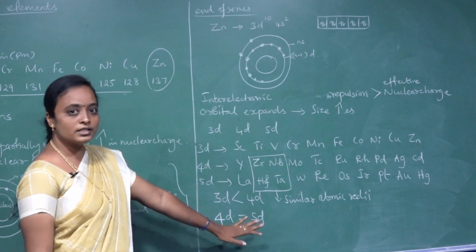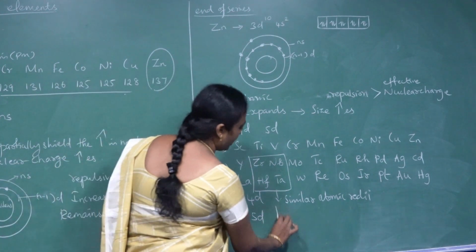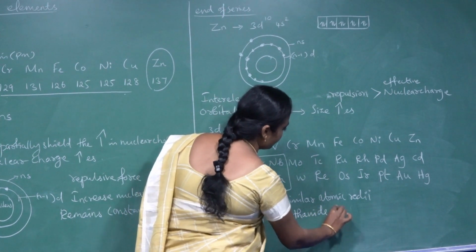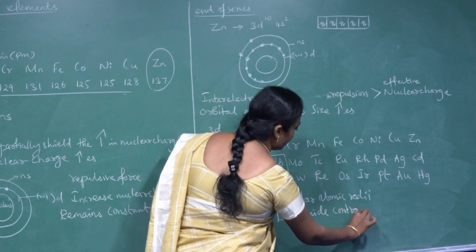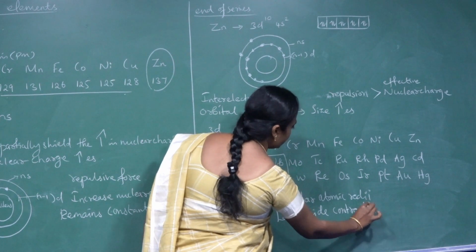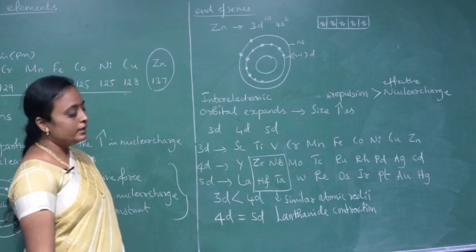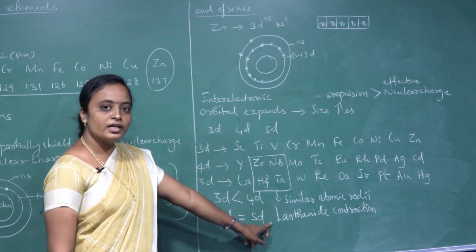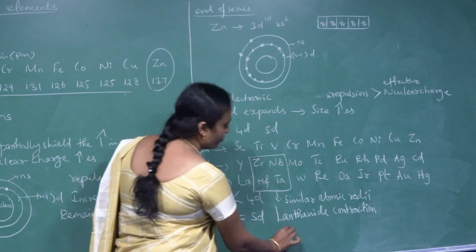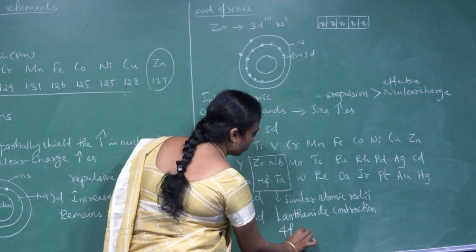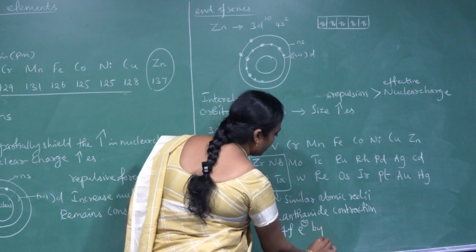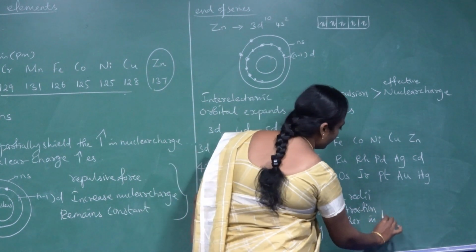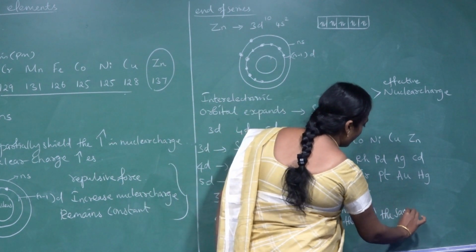The reason for this is the lanthanide contraction. Now what is lanthanide contraction? Lanthanide contraction is nothing but the imperfect shielding of a 4f electron by another in the same subshell.